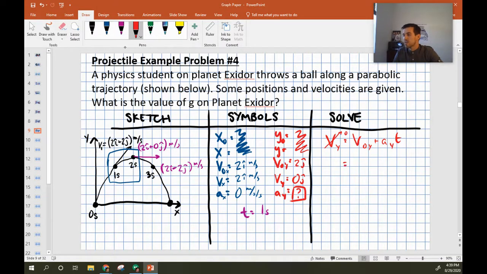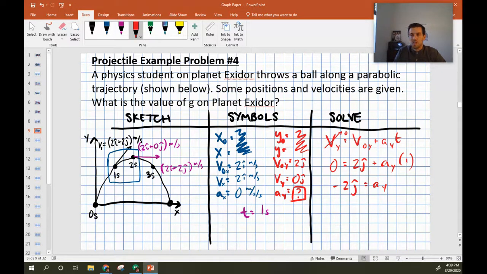So I just end up with something that looks like 2j, that's my velocity vector, plus a_y times 1 equals 0. And then I can just subtract 2j from both sides. That's minus 2j equals a_y. And we find out that we have, surprise, surprise, a negative acceleration.